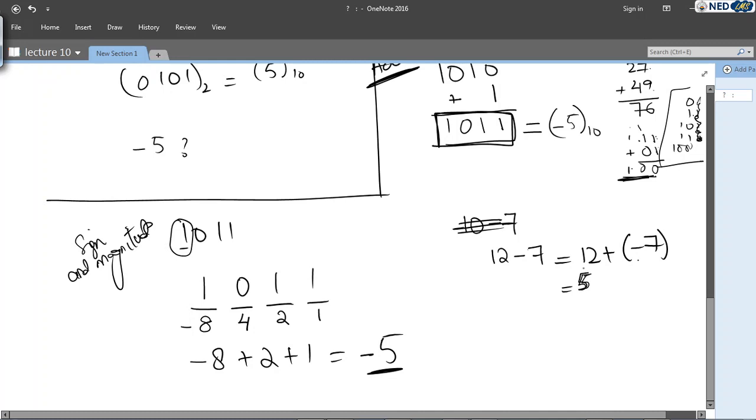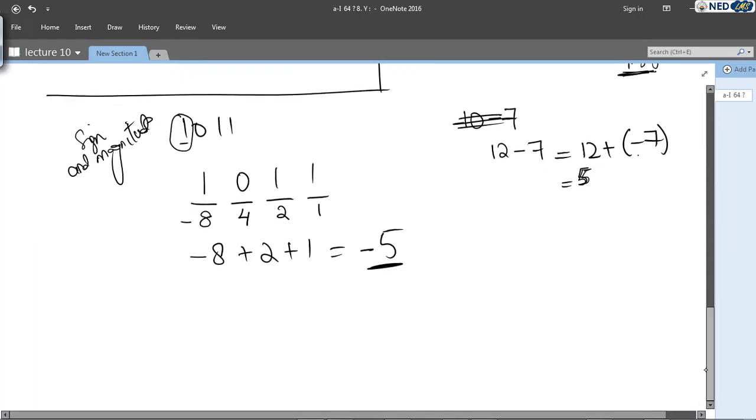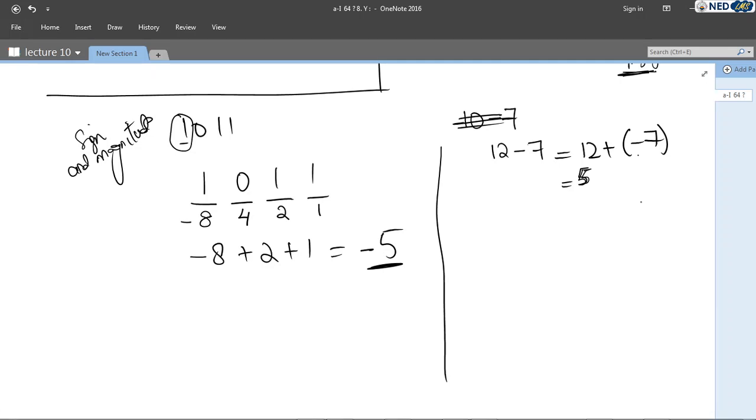I'm going to demonstrate that in a moment. The point is that using the addition circuit, or a subroutine, or a function which can add numbers, we can also subtract numbers just by taking the 2's complement.